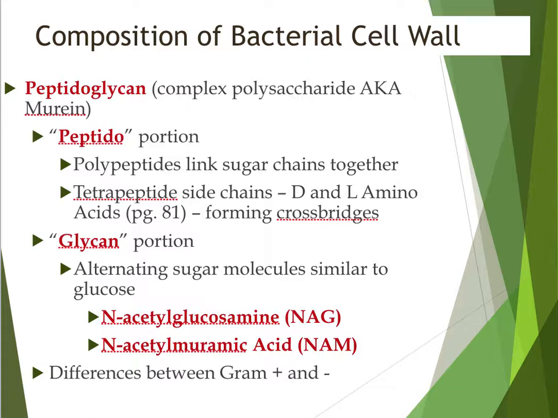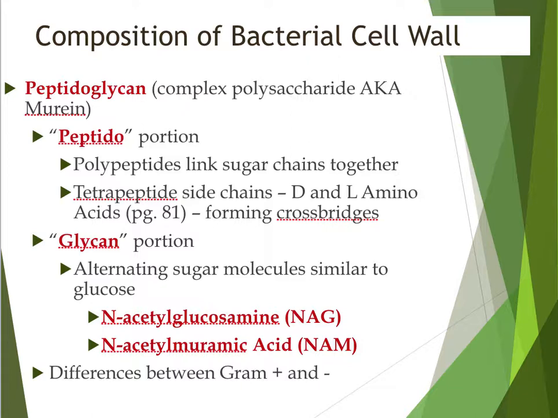The glycan portion, as I mentioned, is made up of carbohydrate alternating sugar molecules. Now these sugar molecules are very similar to glucose, but unfortunately they don't have a nice easy name such as glucose. They are instead called N-acetylglucosamine and N-acetylmuramic acid. The abbreviations for those are NAG and NAM.